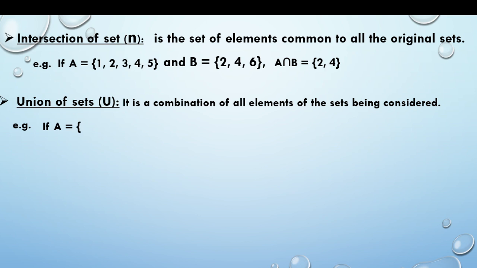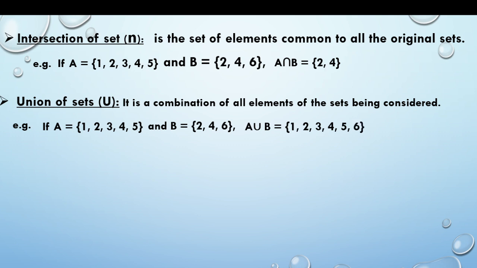E.g., if A contains the elements 1, 2, 3, 4, and 5, and B contains the elements 2, 4, and 6, then the union of A and B should contain all the elements combined. However, we do not write an element which is common in two sets twice. We just write it once.